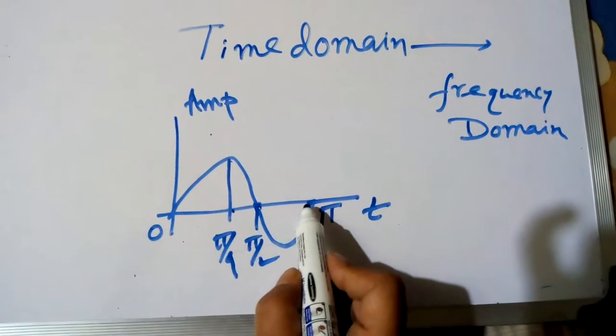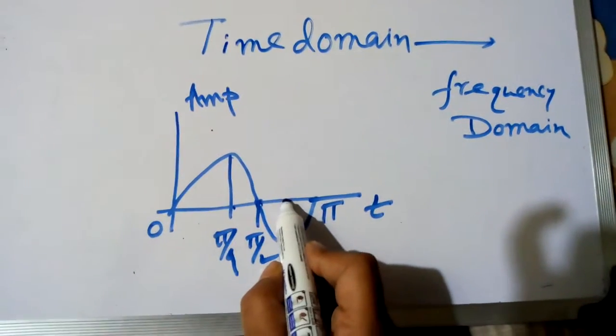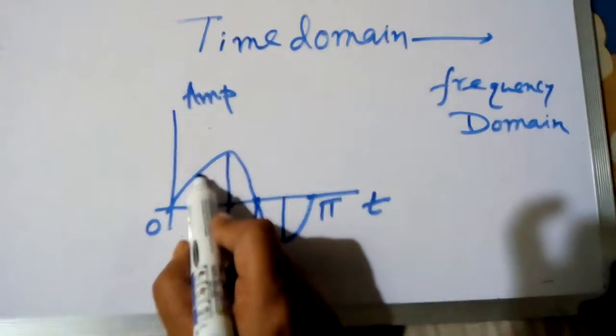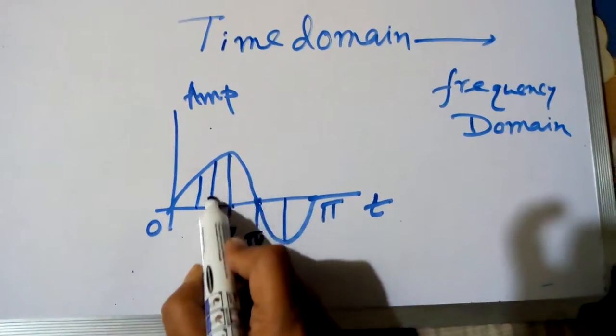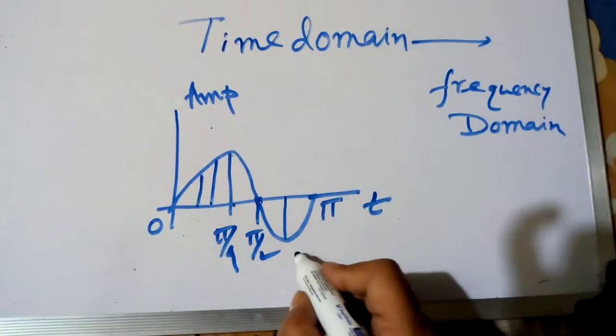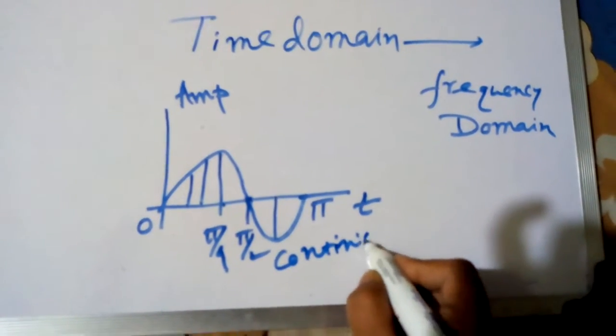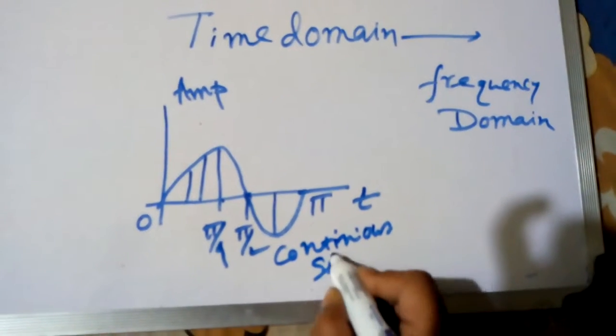A continuous signal exists at every point, and this type of signal we call a continuous signal.